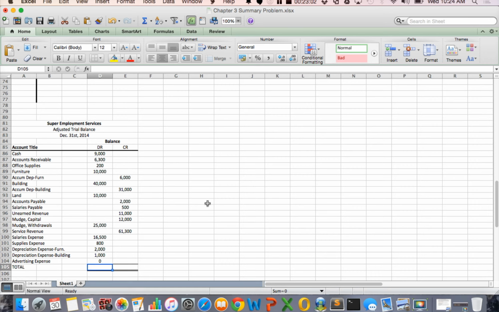Now we just got to make sure that the debit side and the credit side balance. So I'm just going to add up everything in the debit side. I get 120,800. Add everything here. Okay, so I'm 3,000 off.